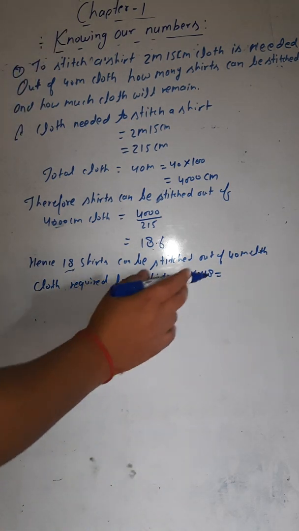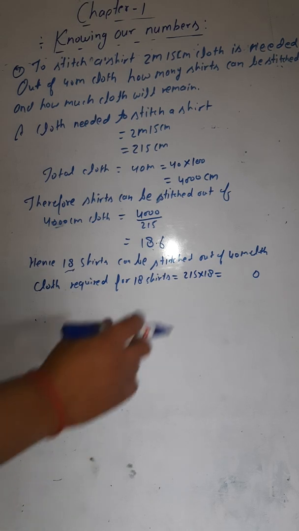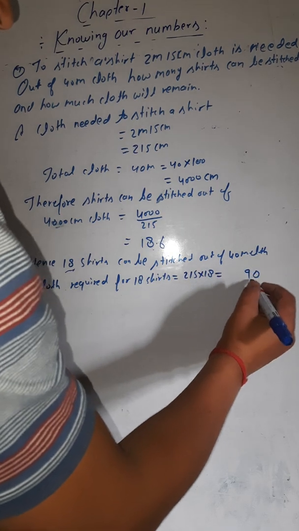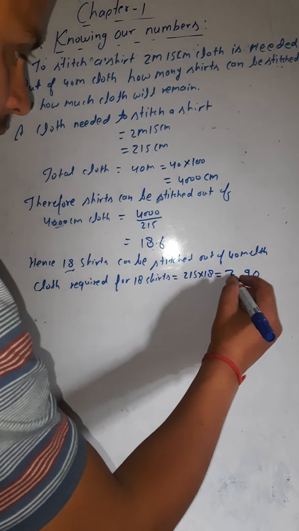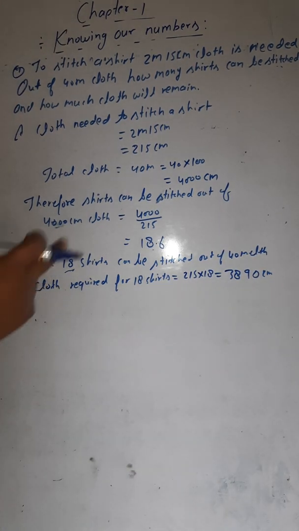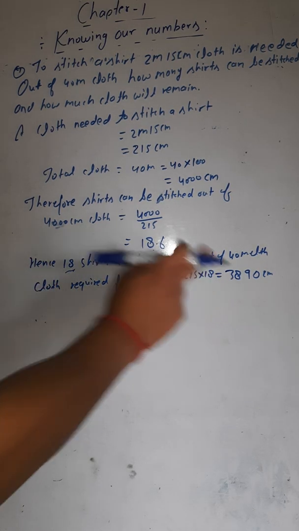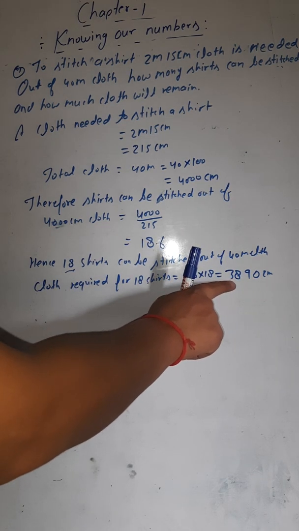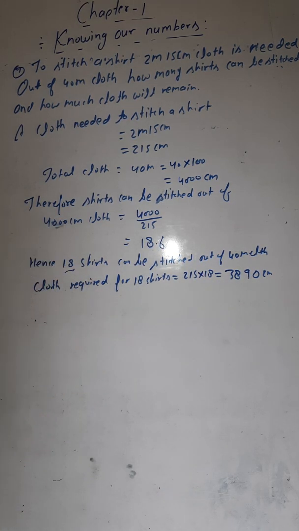So answer would be how much? 18 5 ja 90, 0 carry 9. 18 1 ja 18 plus 9, 27 carry 2. 18 2 ja 36, 36 plus 2 is 38. So this much cloth, 3870 centimeter cloth would be used for making 18 shirts.